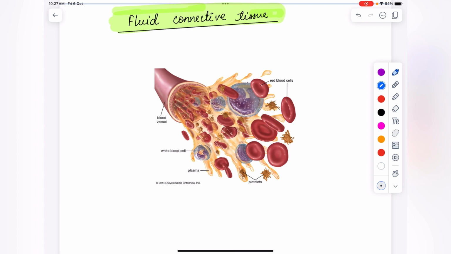We have studied about the areolar tissue, adipose tissue, fibrous connective tissue, and in supportive connective tissue, that is bone and cartilage, which forms a skeleton. Now in this fluid connective tissue we'll study about blood and lymph.